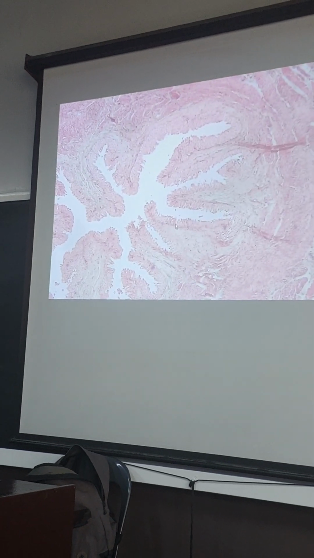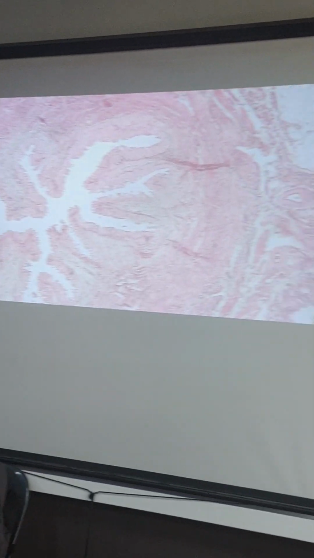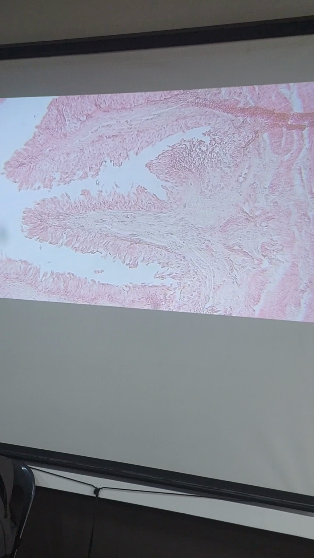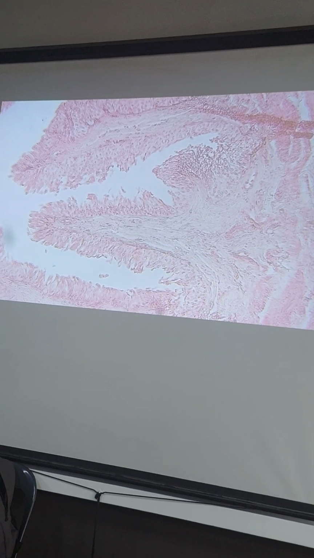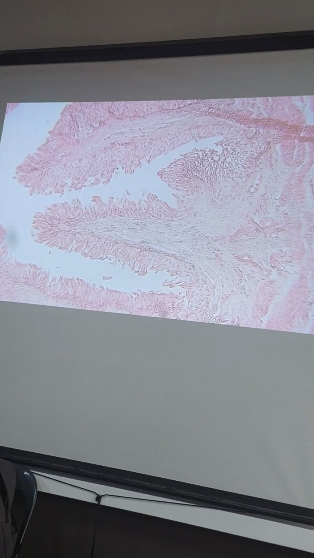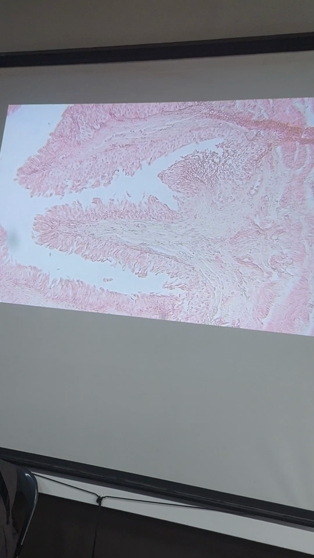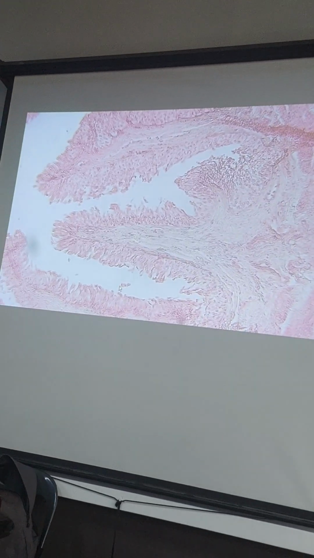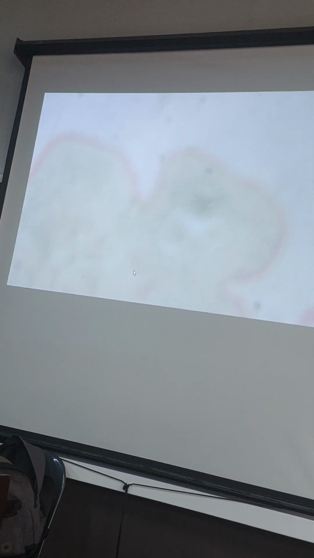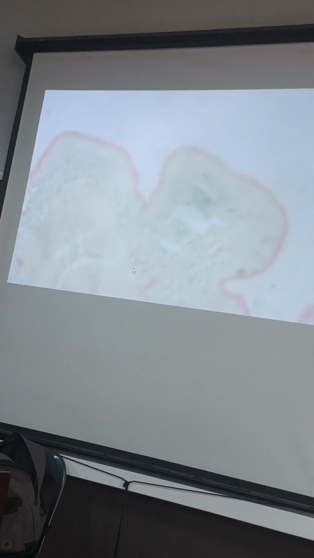Look at the thickness. I know the epithelium is chopped, but there would be some dome cells. See it projecting here? A little dome cell. So this is the full urinary bladder, or dilated, distended.